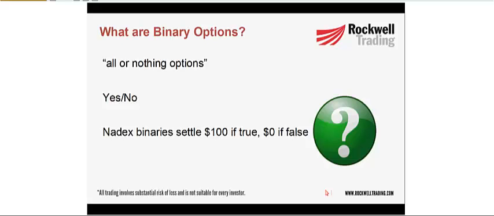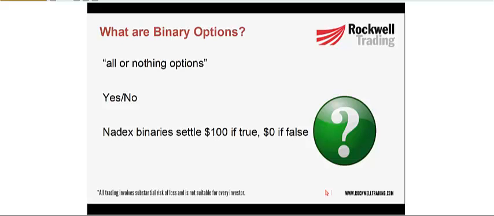Well, they're often referred to as all or nothing options, because when a binary option expires, it is going to have a payout amount, and with NADEX Binaries, that payout or settlement is $100 if you are correct, and it's $0 if you are incorrect. They say it's a yes-no proposition, because if I was to ask you, do you think that the S&P today, at today's expiration, is going to be trading above 1950?